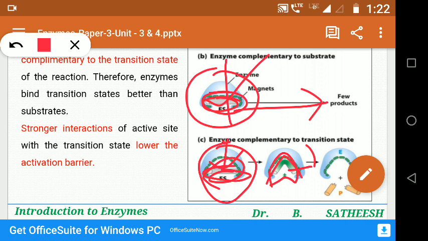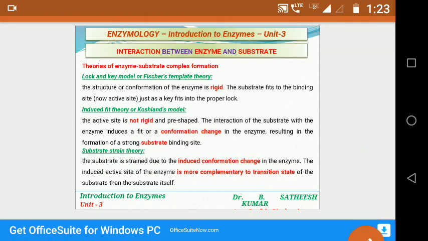Once the transition state is reached, it quickly breaks down to form the products. So because of the induced strain of the active site on the substrate, the substrate is easily converted to transition state and then to products.